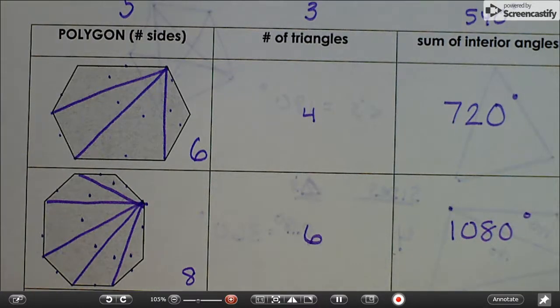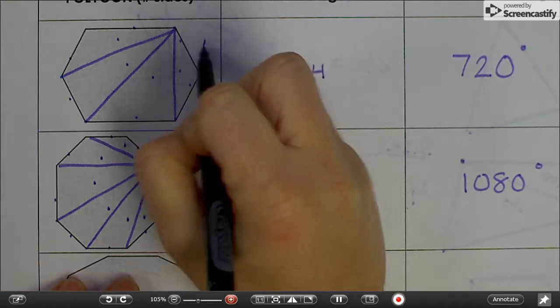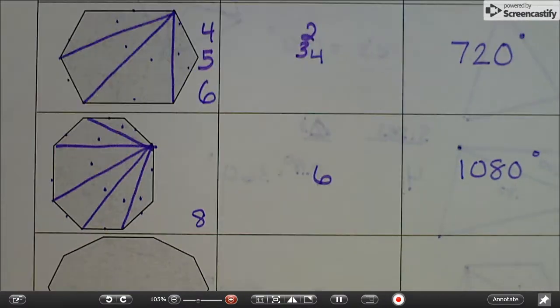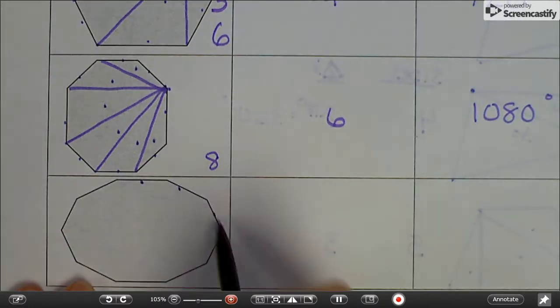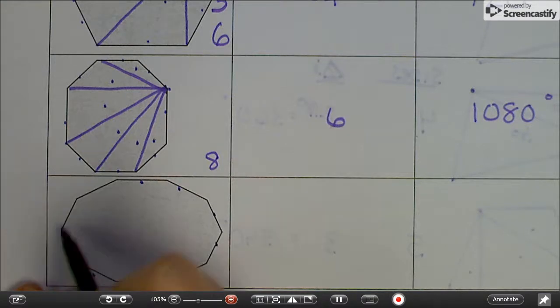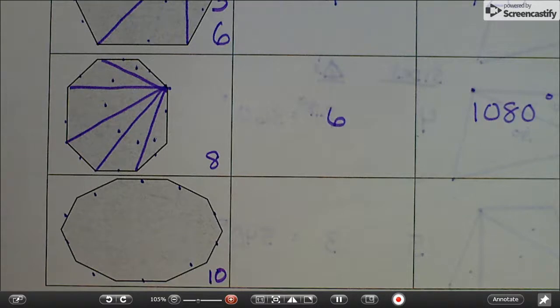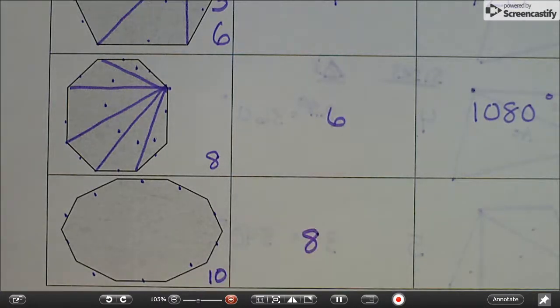All right, hopefully you're starting to see a pattern. So I'm going to put the 4 and 2 and 5 and 3 here also. All right. This has 1, 2, 3, 4, 5, 6, 7, 8, 9, 10 sides. So it's a decagon. How many triangles do you think it will have? Without even drawing and triangulating it, I know it has 8.